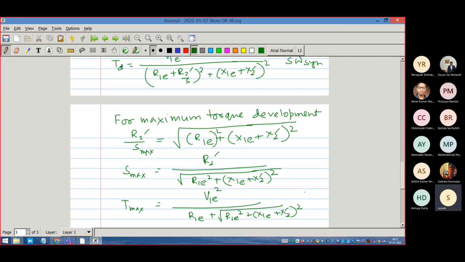And obviously we have 1 by omega s, that is there, into 0.5.